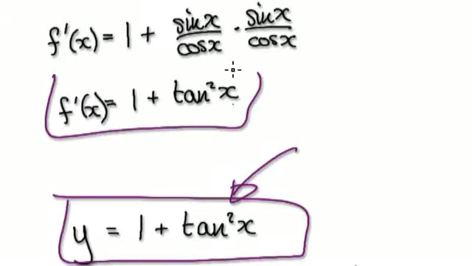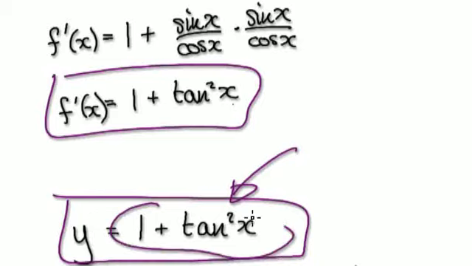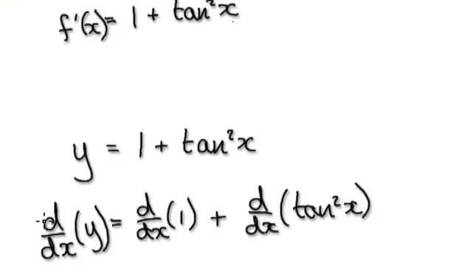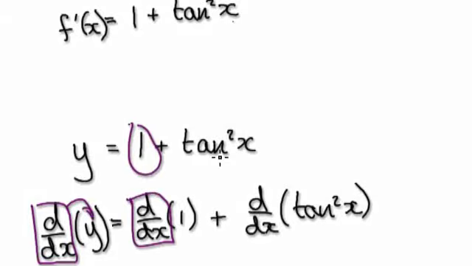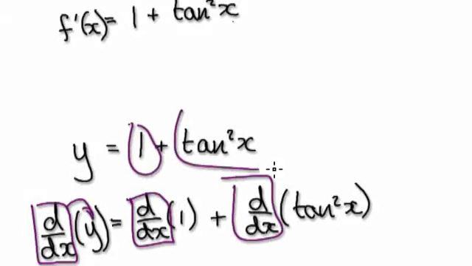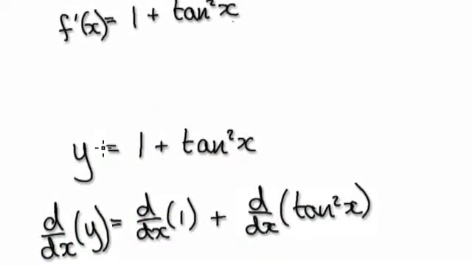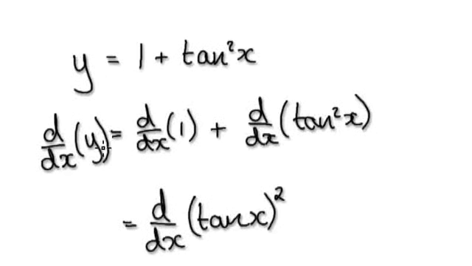Now if you operate this on the y, meaning if you differentiate both sides, you're in effect operating this on the y, and then you've got to operate this on the 1, and then on this block here. Basically you are differentiating both sides.